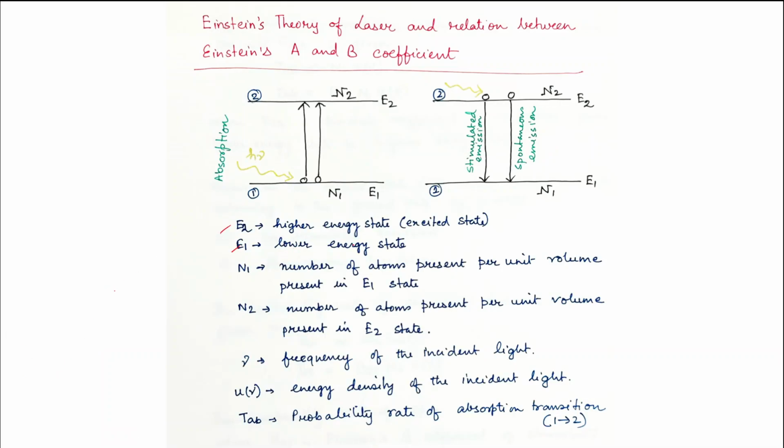E1 is the energy of the lower state and E2 is the energy of the excited state. N1 is the number of atoms present in the E1 state. N2 is the number of atoms present in the E2 state. Nu, as I have already mentioned, is the frequency of the incident light. U nu is the energy density of the incident light.